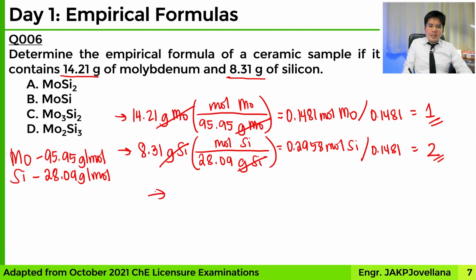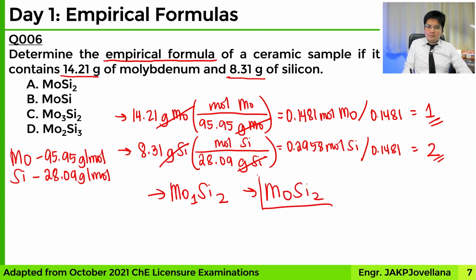So our empirical formula for this problem becomes Mo subscript 1, silicon subscript 2, or MoSi2. From the choices, this is letter A.